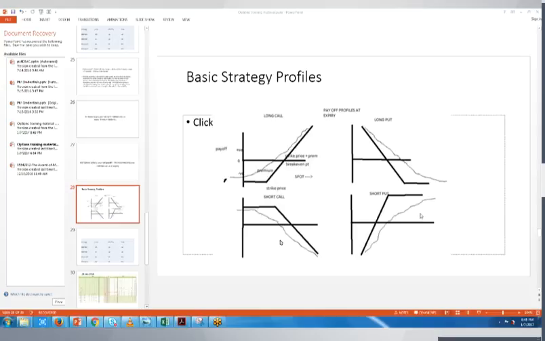And then losses as well. Are you bound by some losses or not? Here you know already your premium is your loss. And here for a short call, I think there is a boundary of the profit, and of the losses also. Somebody has answered limited profit and unlimited loss.